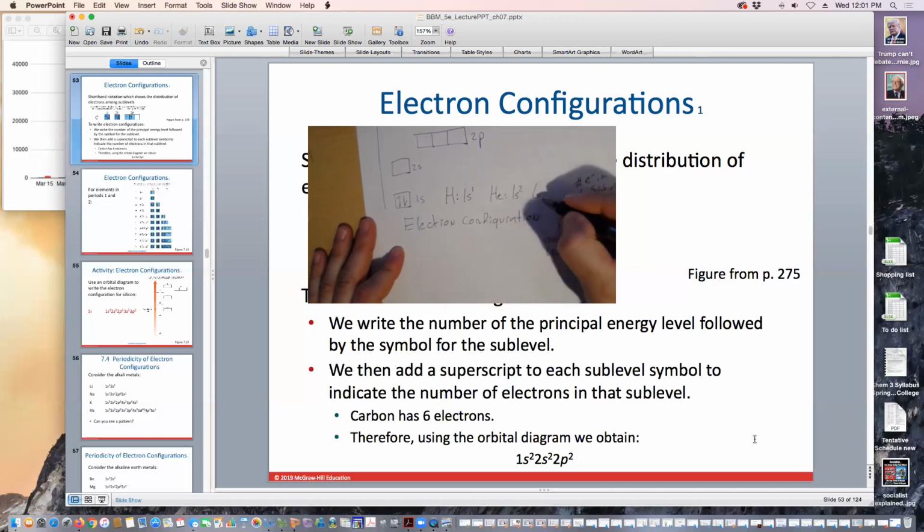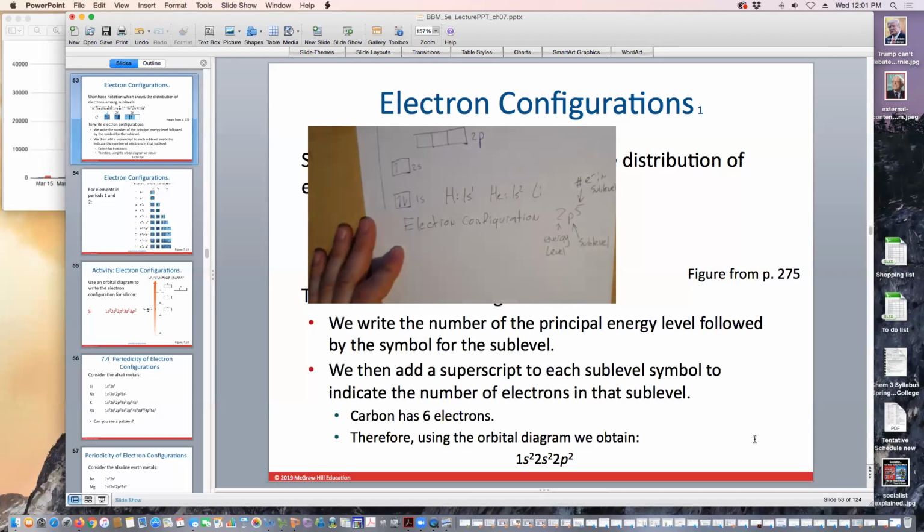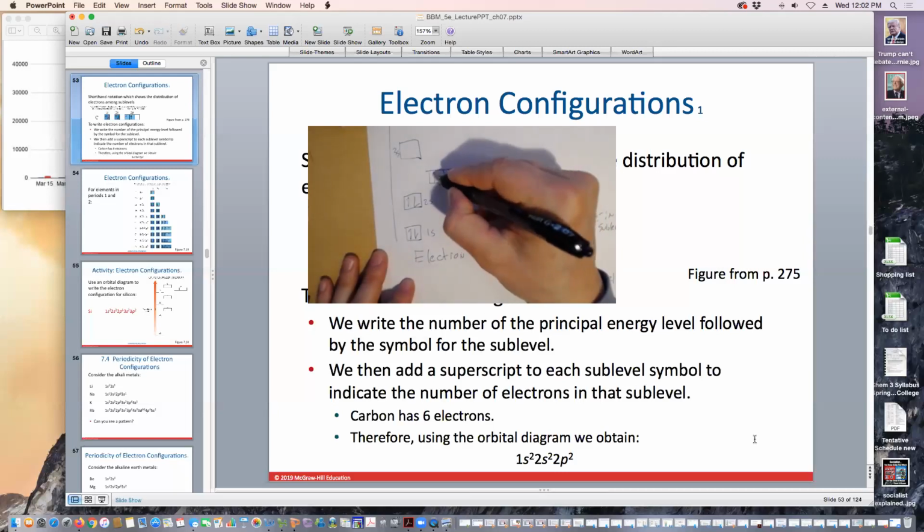Then we go to lithium. So the first 2 electrons are still there. The third electron, and the convention is you always put the first one in, spin up. So lithium would be 1s2, 2s1, yeah? And then beryllium, that fourth element, spin down. 1s2, 2s2. And then we get to boron, and then we put the next electron in the 2p, right?